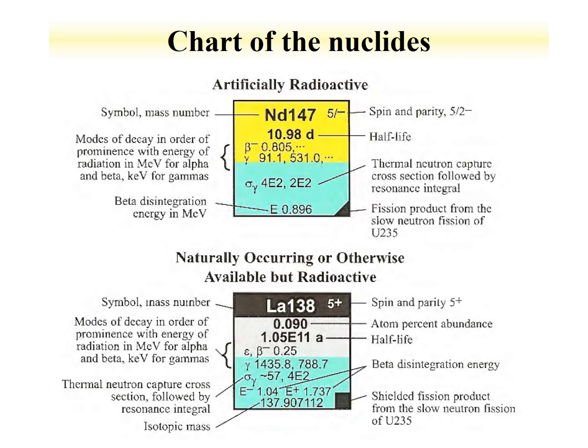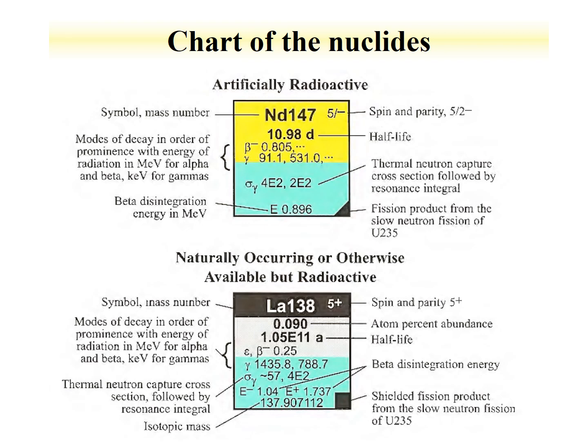So again, for something that's artificially radioactive, here's one, neodymium-147. The spin and parity is listed here. So if it's 5/2 minus, the spin and parity is 5/2 minus. It has the half-life listed here, which would be in days, D. And then we have some information on the decay mode, beta minus, and then the number behind that is the energy.